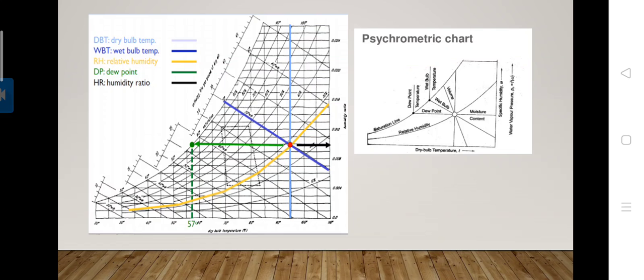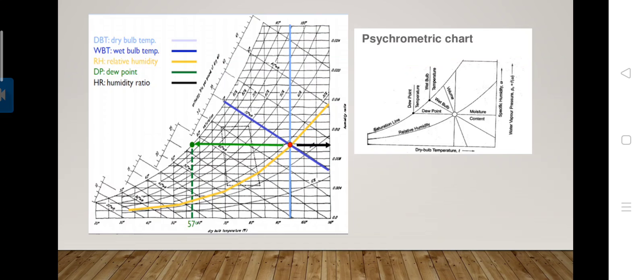The dry bulb temperature is taken on the x-axis, and the specific humidity, that is the moisture content, is taken on the y-axis, the ordinate.